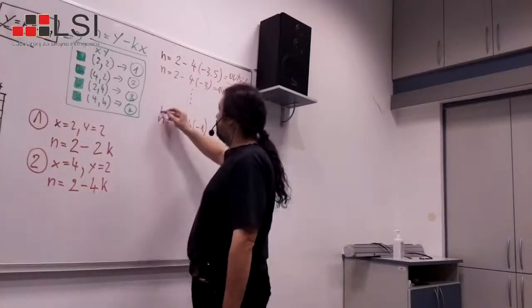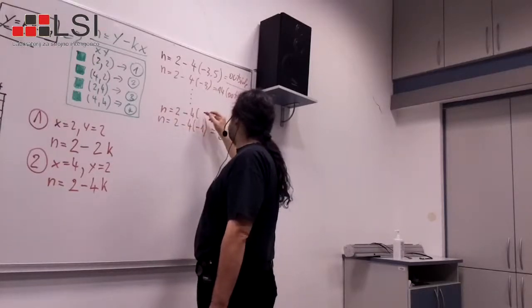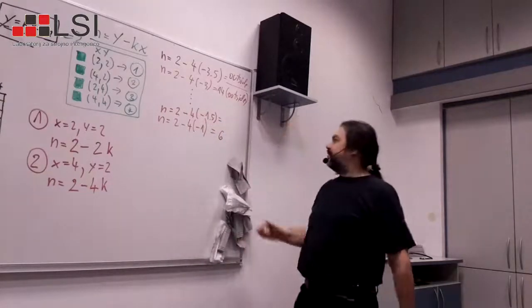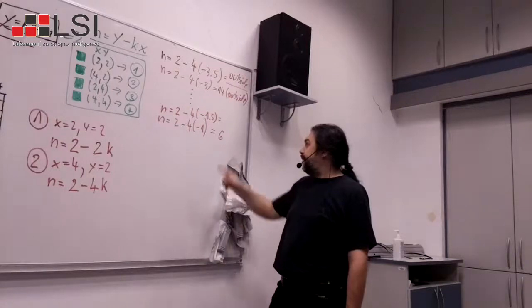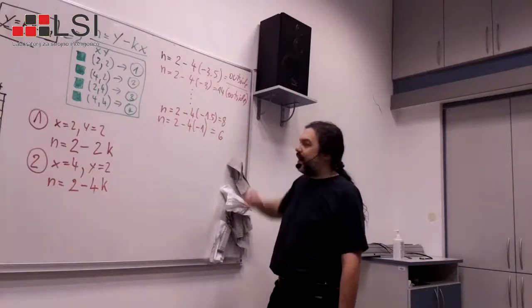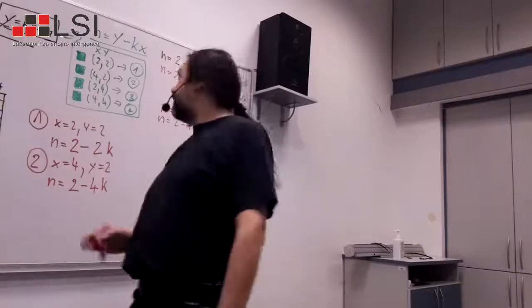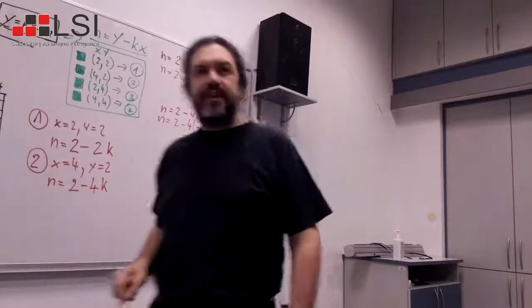And let's go a bit back. 2 minus 4 times minus 1.5: 4 times minus 1.5 is minus 6, and plus 6 plus 2 is 8. Wow, okay, so this is our boundary where we enter the accumulator, yeah? So if we now go back, for minus 1.5 we have 8, and for minus 1 we have 6. So let's go back to our accumulator.